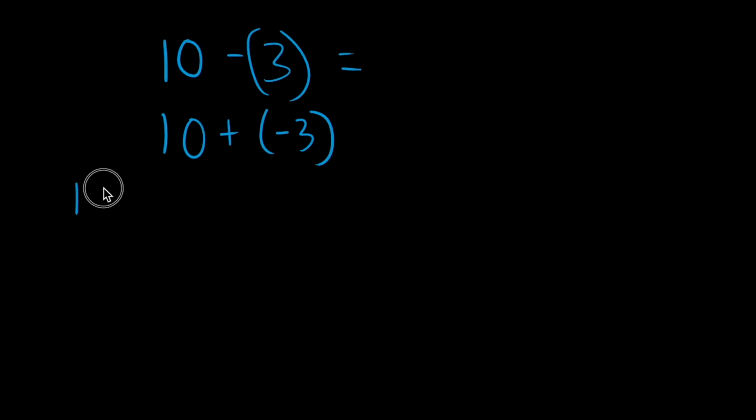The absolute value will look something like this. You have 10 inside these two vertical lines. This symbolizes absolute value, and this number inside of it, or inside the two vertical lines, tells us the number.